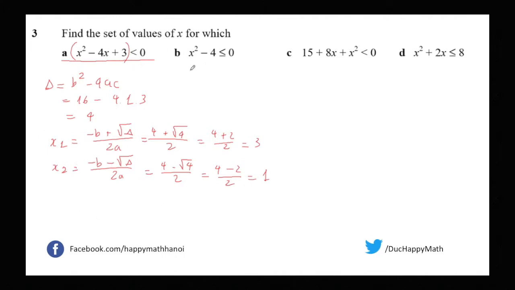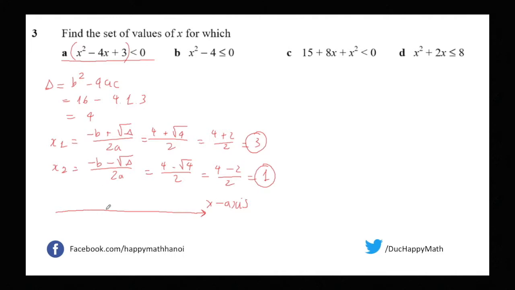And the second step, you have to set up the x-axis and arrange the two solutions of this function, 1 and 3. This arrow tells you the values of x are increasing from left to right.